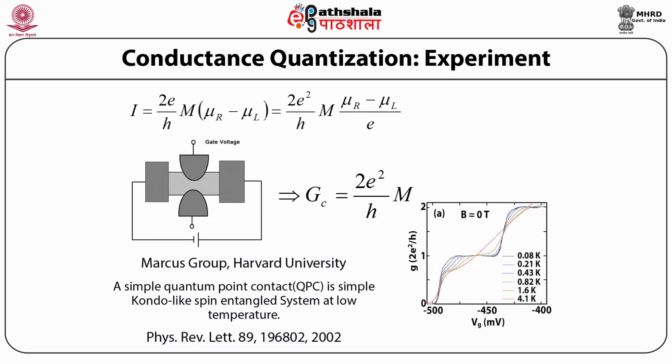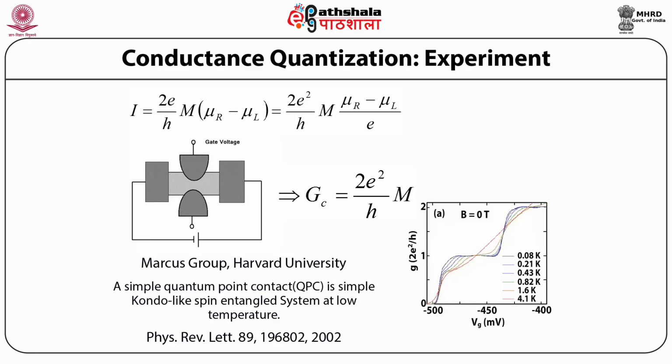It is clear that the more the gate voltage, the fewer the number of channels and hence the conductance, as m can take only integral values. So G_c is quantized. It is noted that G_c does not depend on any material parameters.